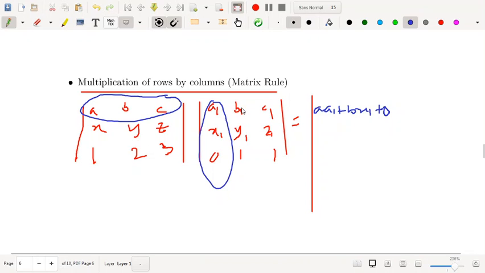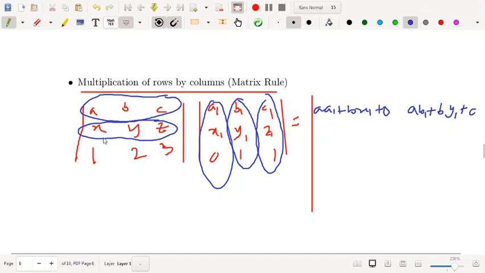Next you consider the second column, so you have a·b1 plus b·y1 plus c·1, and similarly you consider the third column to get the third element. Then consider the first row with the first column, the first row with the second column, the same way. So you are going just like matrix multiplication.